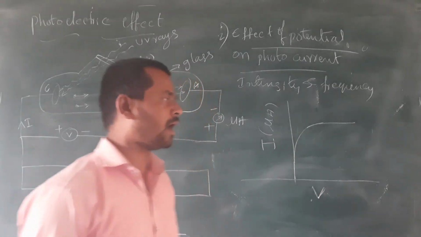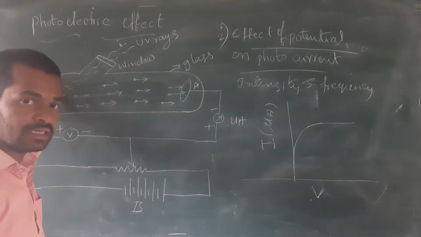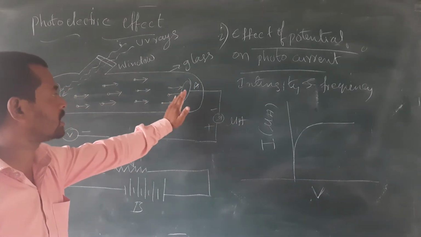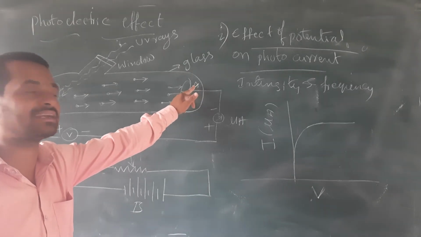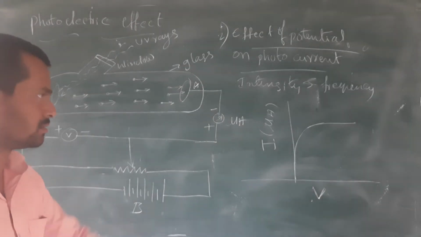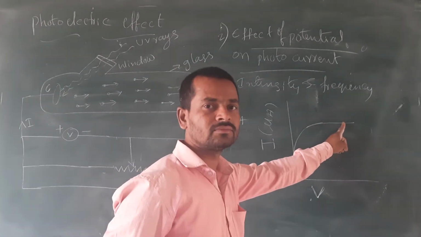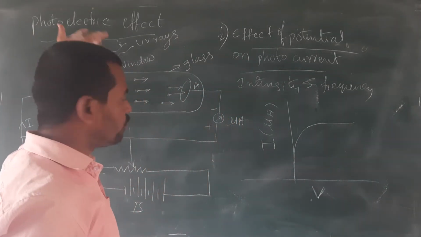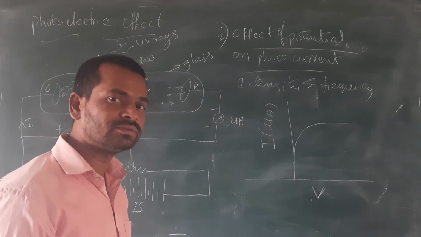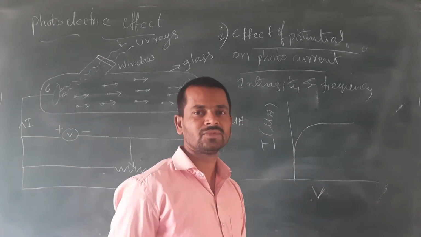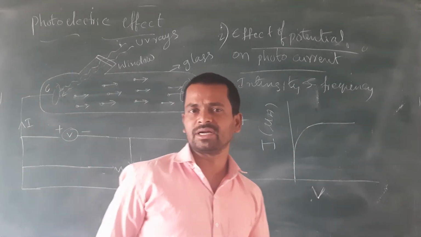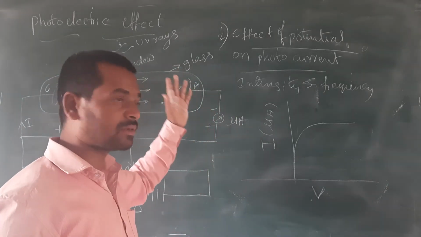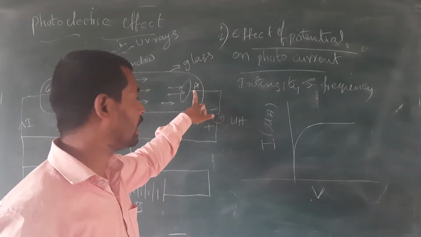Saturate means all the electrons emitted are collected or attracted by the anode. So that is the meaning of this. Even if you increase the potential, no further electrons can be produced to change this. The maximum number of electrons will be produced and attracted by the anode.